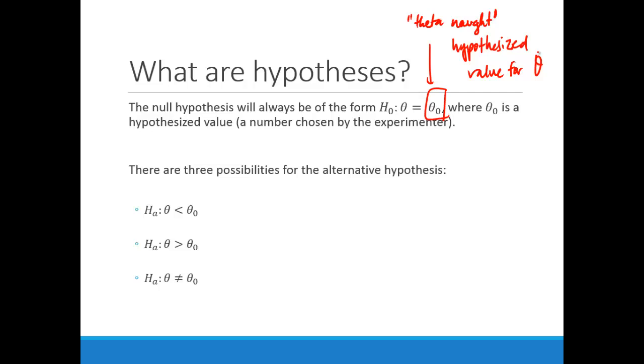And then we'll have three possibilities for what the alternative hypothesis looks like. Instead of being equal to theta 0, maybe we're interested in seeing if it's less than that value. Maybe we're interested in seeing if it's larger than that value, or simply if it's not equal to. The first two have a special name: these are called one-sided tests.